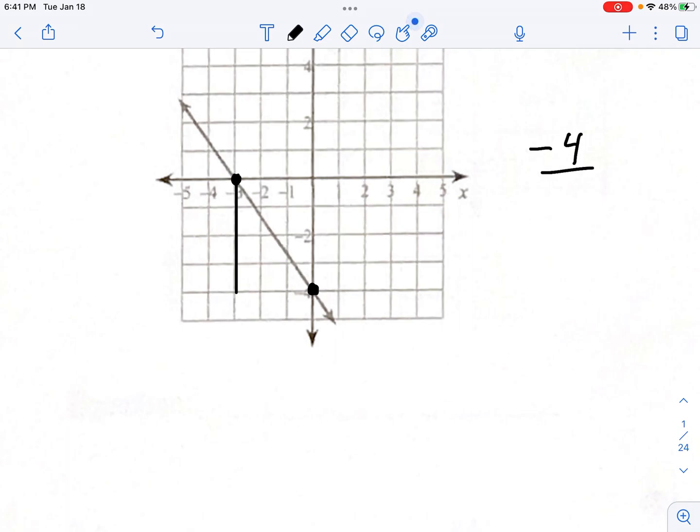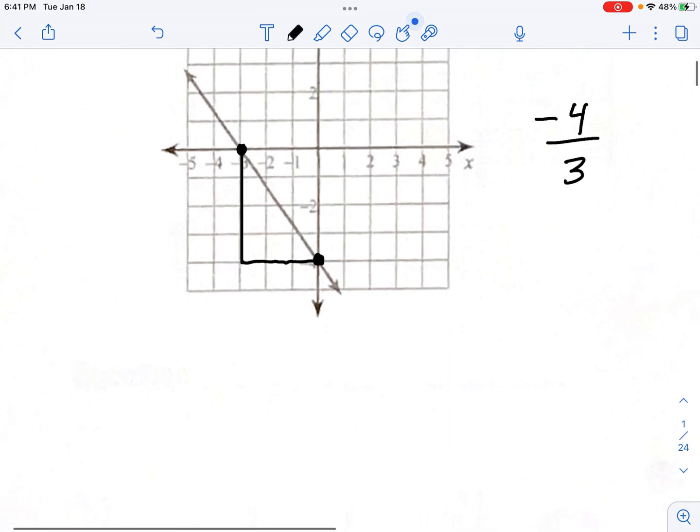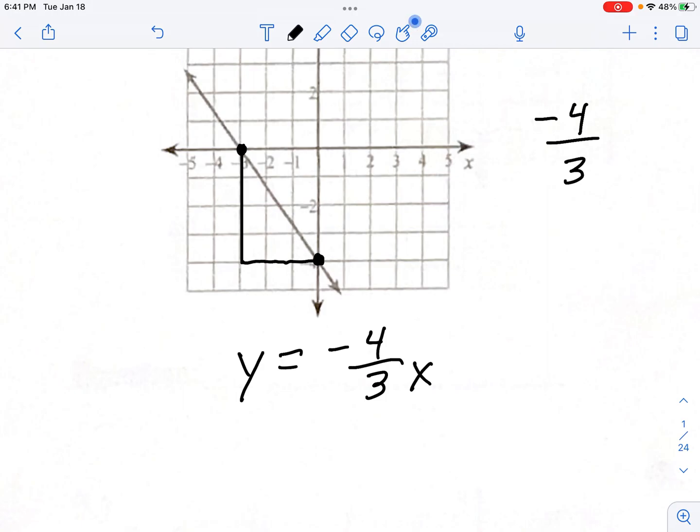So I'm going down 4. And then I'm going to go right 1, 2, 3. So my slope is negative 4 over 3. So y equals negative 4 over 3x. Again, don't forget your x. And then your y-intercept looks like negative 1, 2, 3, negative 4. And then that would be your answer.